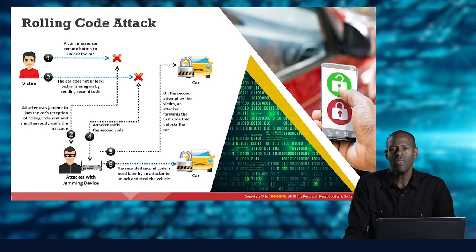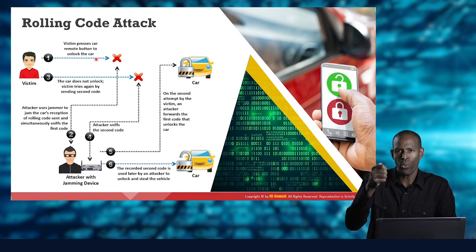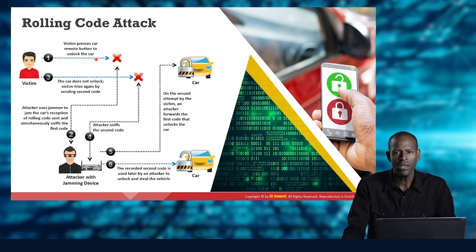So let's say that I'm walking out to my car. And as I'm on my way out to my car, I get out my fob and I click the button, and it makes a little noise. But wait a minute, nothing happened, right? The car didn't unlock. That was very strange. Well, what happened? On the first time I hit that button, there was an attacker.